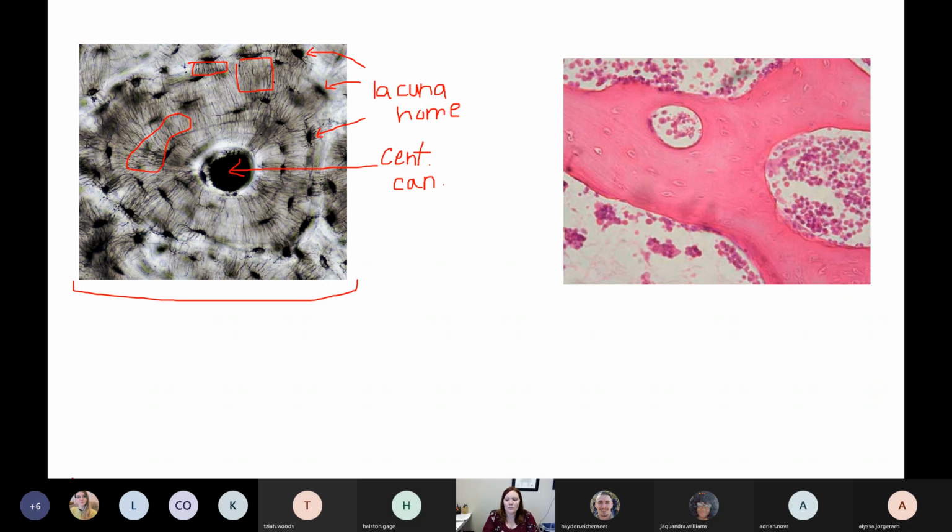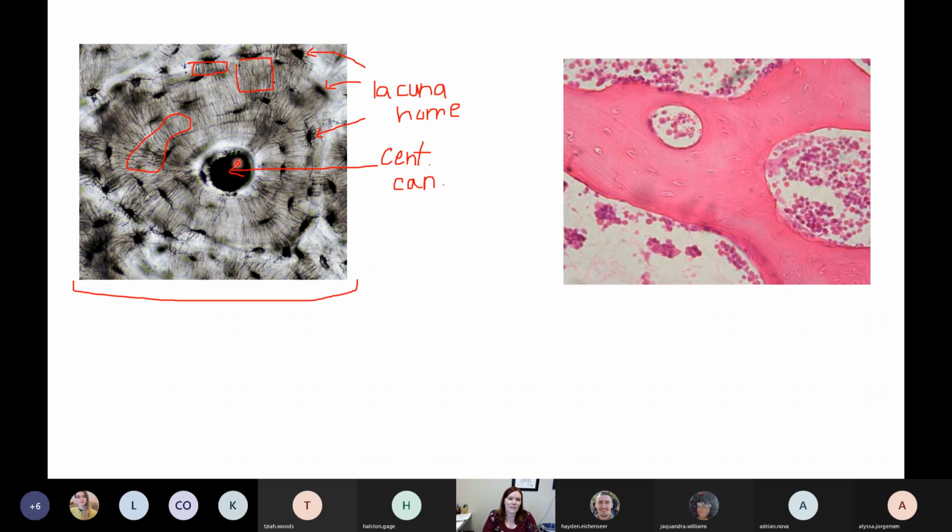Canaliculi are the little tubes that connect one lacuna to another, or that connect each of my lacuna to the central canal. The central canal has the nutrients, it has the oxygen, so we need to get that out to my cells who live all the way back here. Just because I live far away doesn't mean I don't need oxygen or nutrients. The canaliculi help me to get oxygen and nutrients from the central canal.